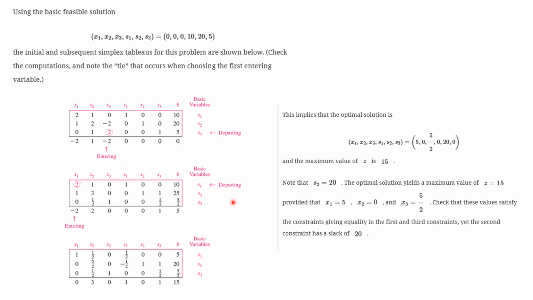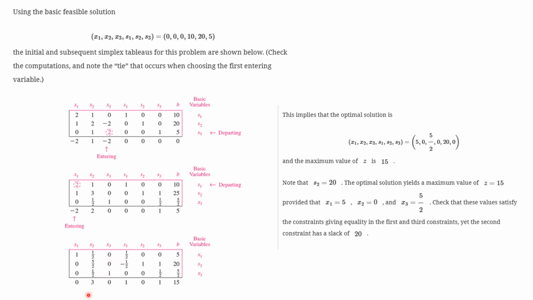And we have to figure out what is departing, and we find out that S1 is departing here. And so then we perform the pivot, and you see the pivot is we're getting x3. This is going to be 0, 0, 1 in this case, because we do that pivot, and we make all those others 0, and so this is what we have.